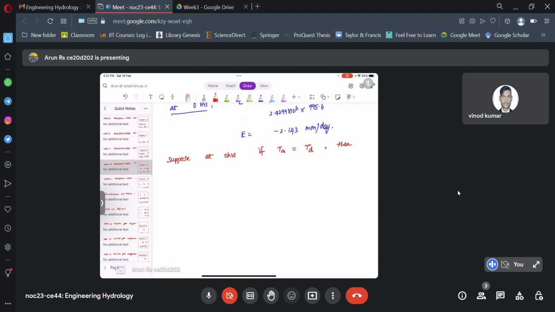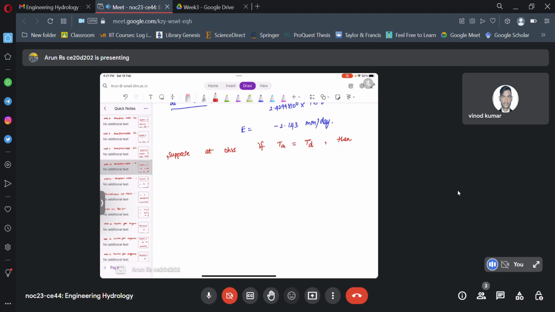At 0 hours, let's say early morning, if the air temperature is equal to your dew point temperature, then what will happen? Then its value is in the plus, maybe 0.14.